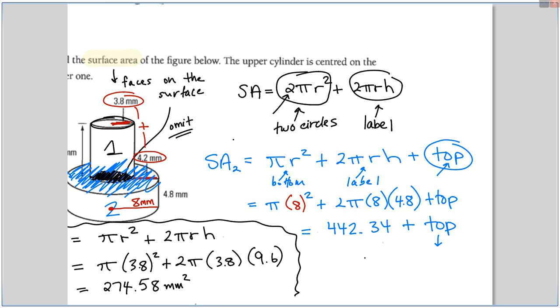So you need to do 2 calculations and subtract them. So it's going to be pi 8 squared minus pi 3.8 squared.